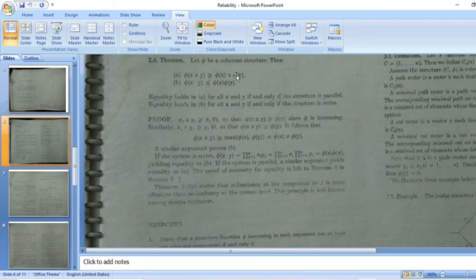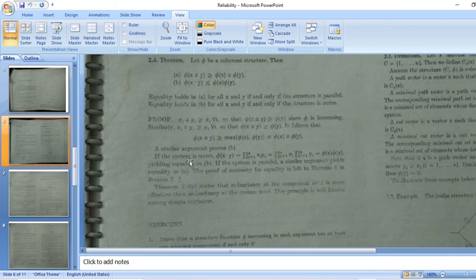If the structure is parallel, then equality holds in the A part. Equality holds in B if and only if the structure is series. That can be proved by any one of you and discussed as a seminar.